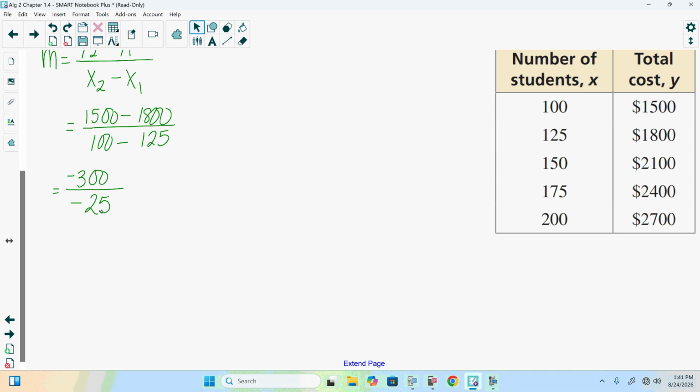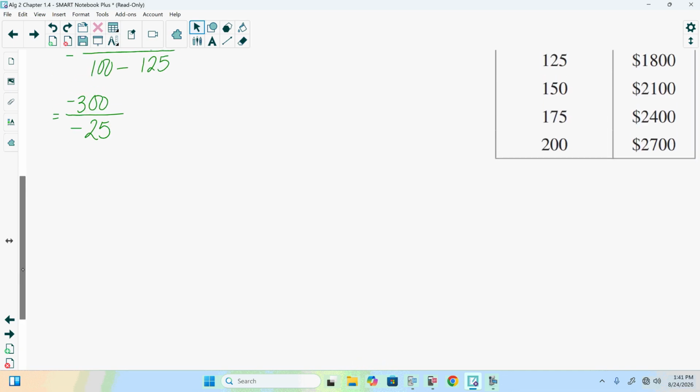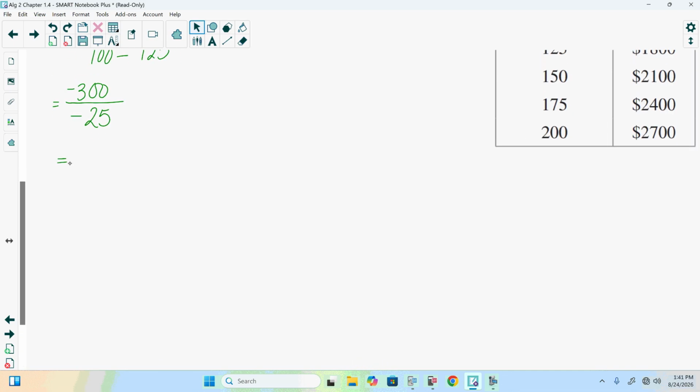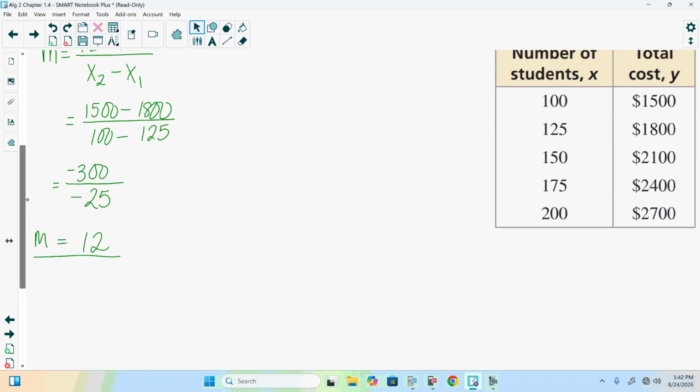Negative divided by a negative is a positive, so we're really looking at 300 divided by 25. 25 goes into 100 how many times? 4. So 3 times would be 12. So the slope is 12.